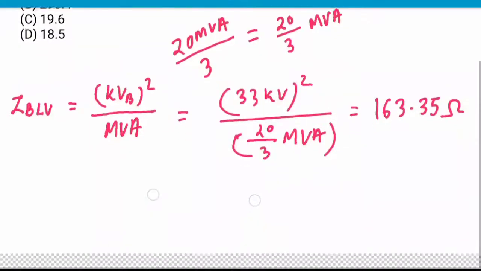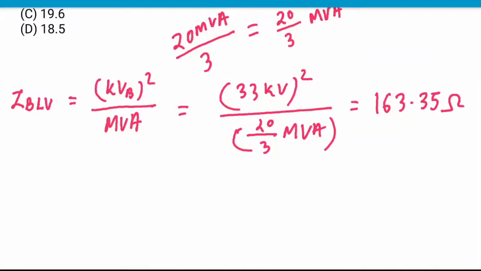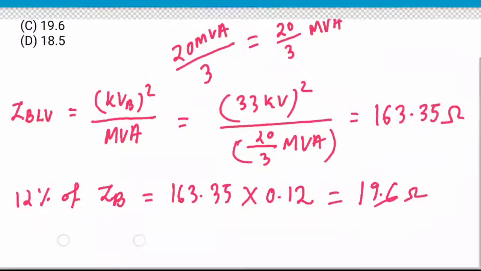So what will be the LV side reactance? This is the asking question, 12% of Z base. This will be 163.35 into 0.12. This will be equal to 19.6 ohm.